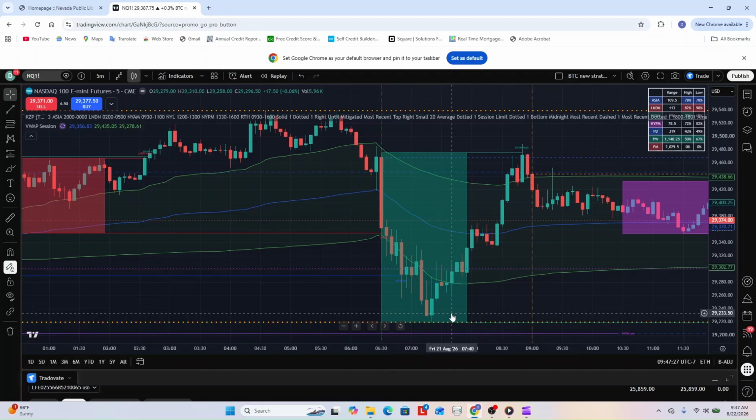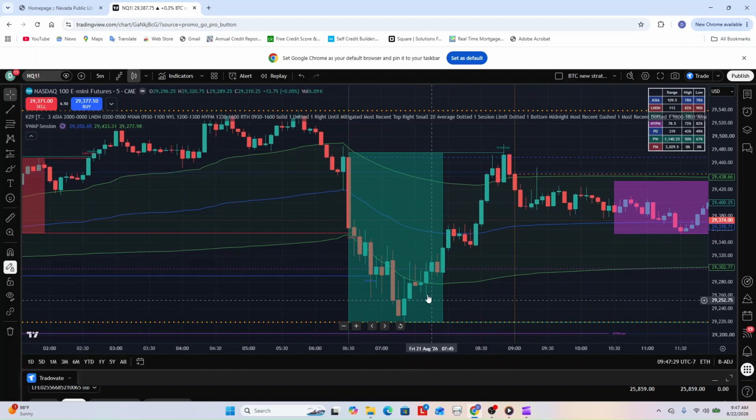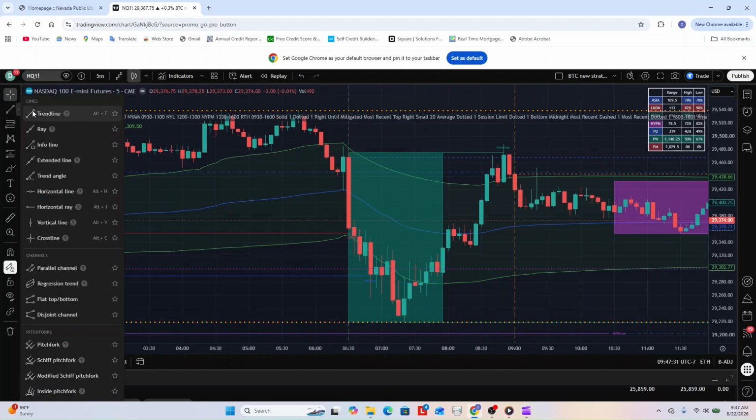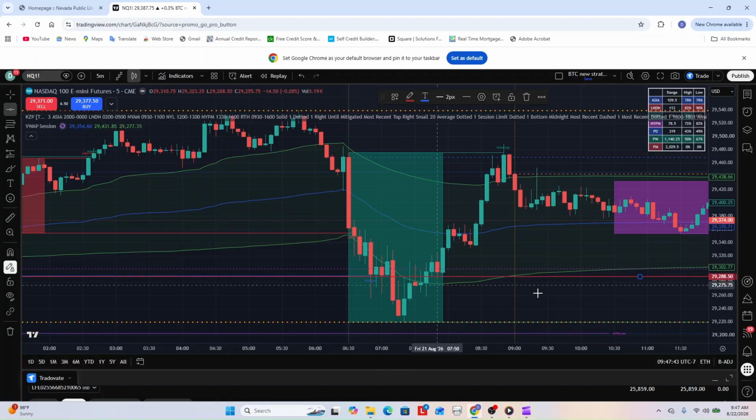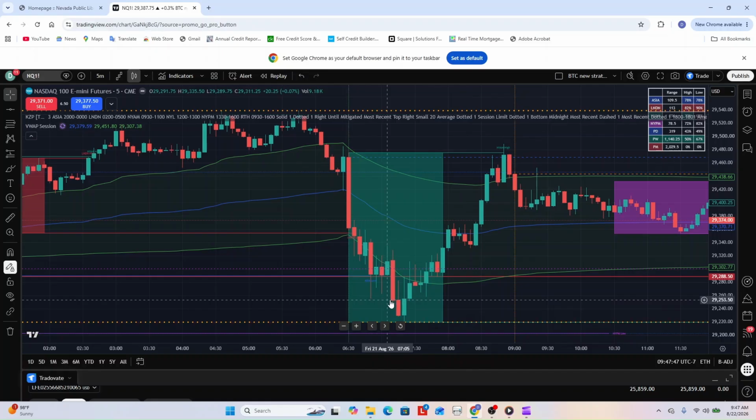So with that being said, the idea would be, this green candle created a new low and it closed green. So what you would do, you would mark out the top of that candle, okay? And when you have a candle to cross above this candle's high, then you would jump into your trade.